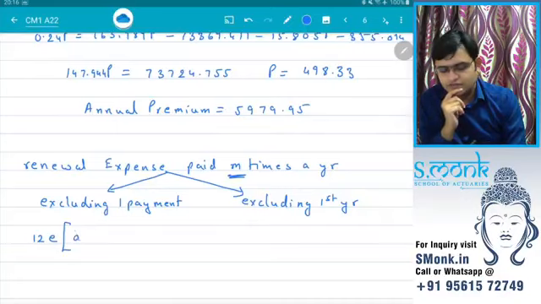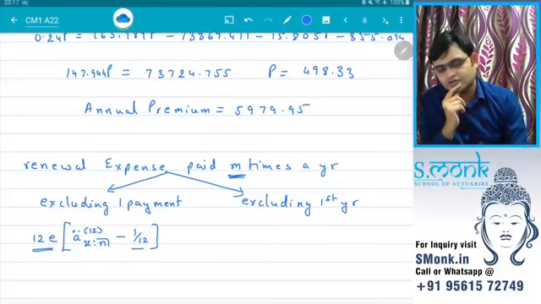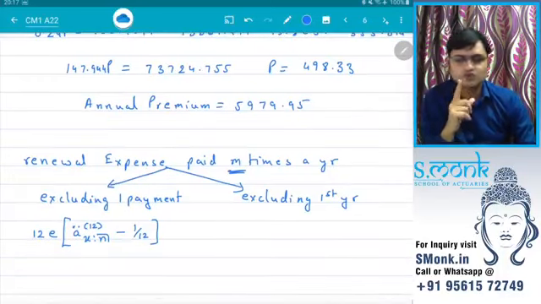And then we'll have a due payable 12 times x n, and then we will be subtracting one payment. So one payment becomes 1 by 12, because 12E was the annual payment. That is excluding one payment.